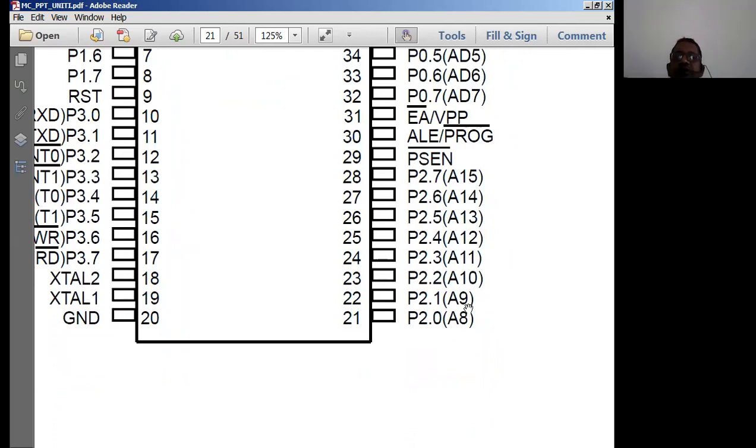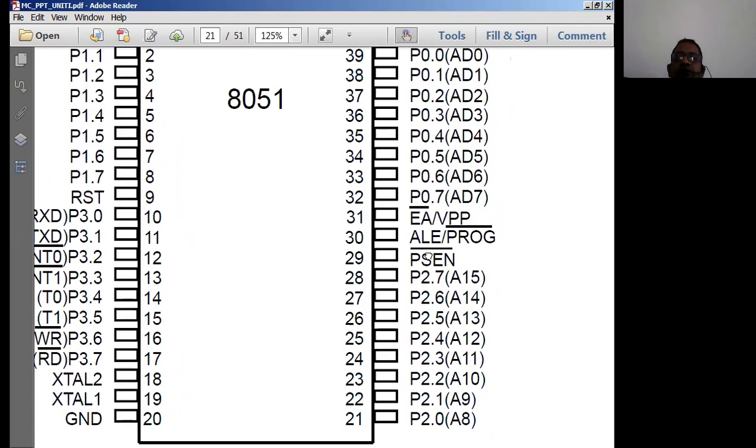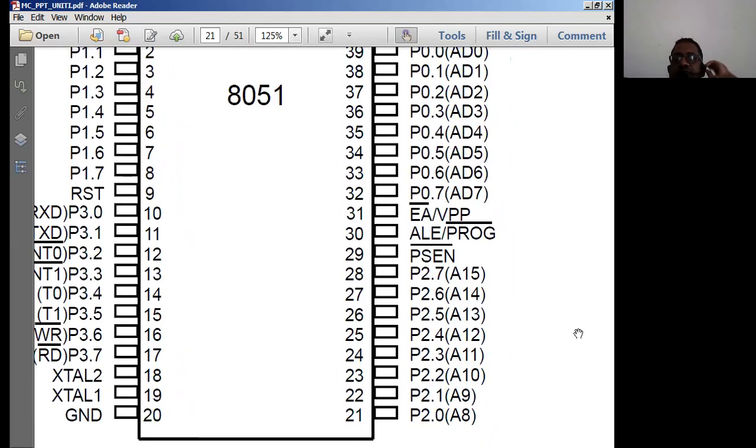Therefore, you have 16 address lines and 8 data lines. That means 2 power 16, around 64 kilobytes of memory can be accessed using this 8051 microcontroller.